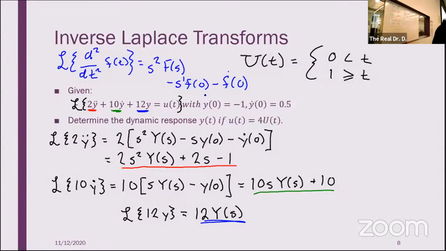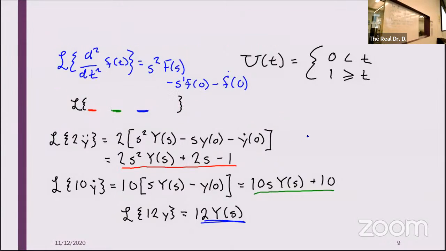Okay, so we've got this here. Now what? Now we've got to take the Laplace transform of u of t. So let's do that.